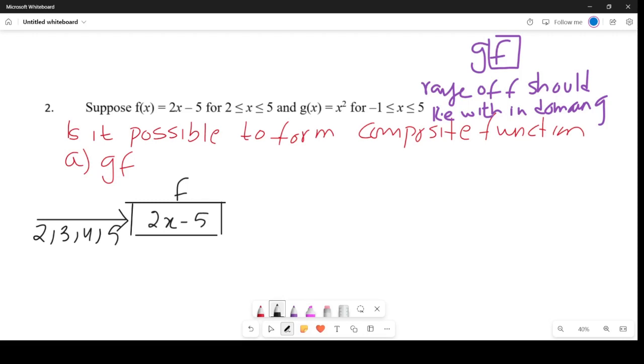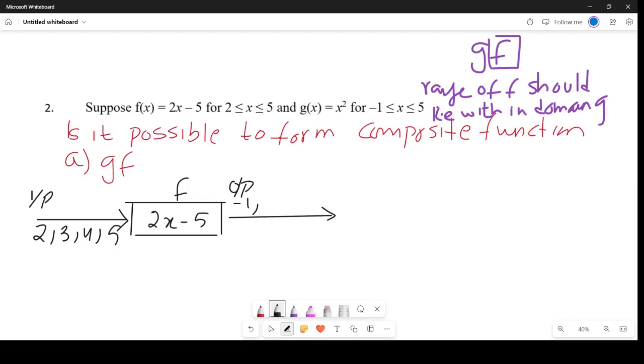This is the input, and then the output for this one is going to be -1, then 1. Why do I feel like we did this the other day? It's the same except for the domain of g.